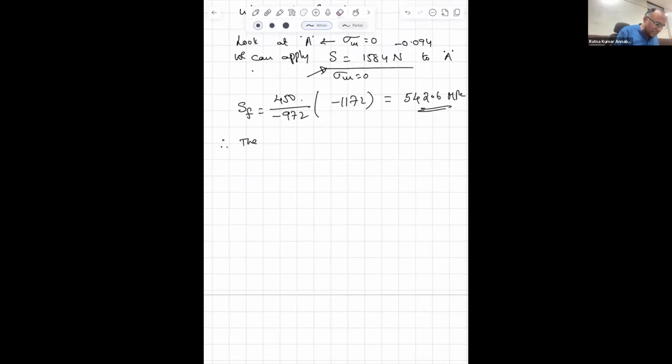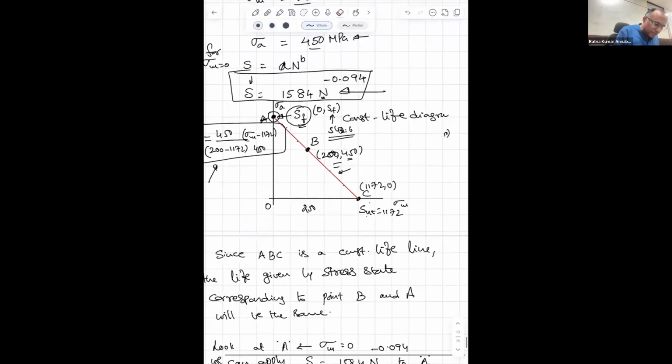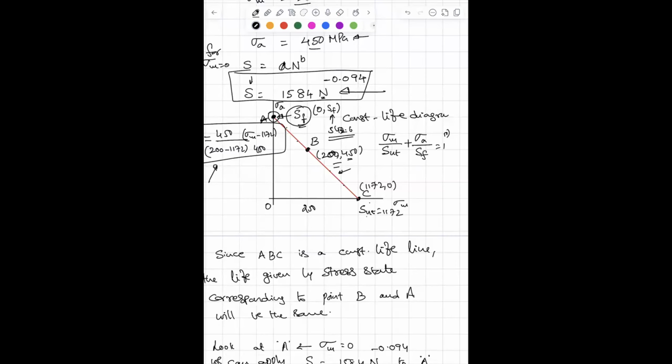So what is that? Let us do that also. Sigma m by SUT plus sigma a by SF equal to 1, right? Yes, sir. So you can plug into this equation. Sigma m is 200 by SUT, 1172, plus sigma a, 450, by SF equal to 1.